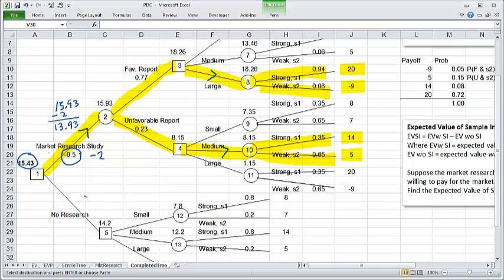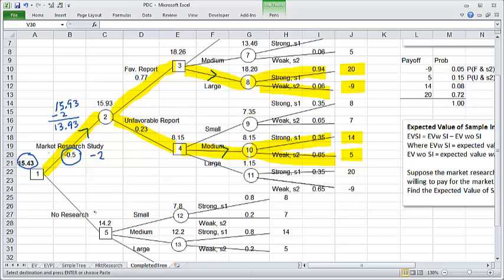In general, the question is, where is the price point at which it's no longer worthwhile to do the research? That's when the value at node 2 minus the new cost is less than the value at node 5. In other words, when the new cost is higher than the difference between the value at node 2 and the value at node 5.